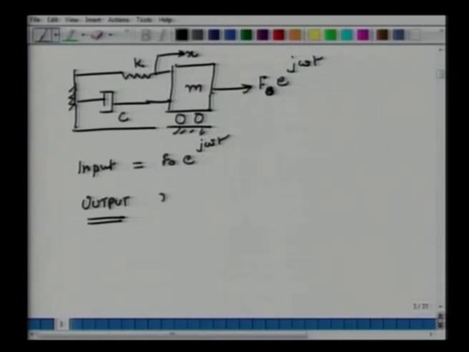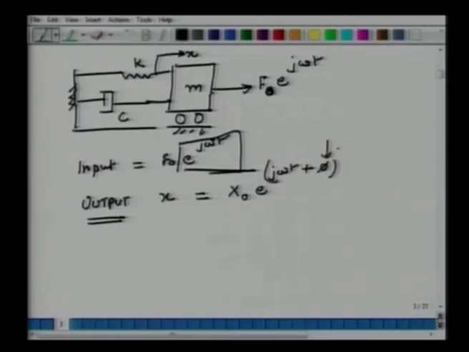So the shape of the input function is defined by this term, e to the j omega t. So the output response also has to be such that it is some constant times e to the j omega t plus a phase, because this phase component is not going to alter the shape.